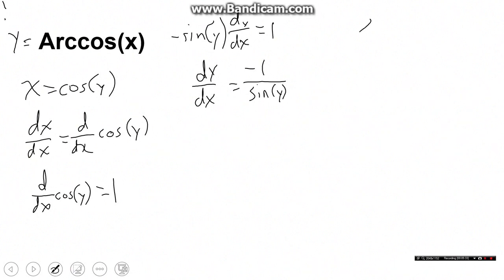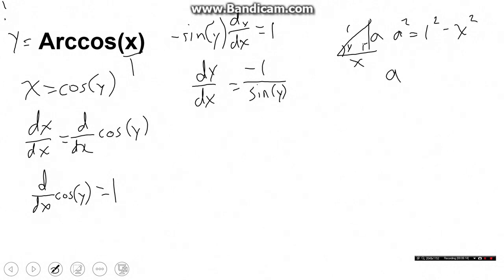Then we're going to use the same concept using the right triangle. That is y, that is a right angle. And this time it's a cosine, so angle y has the ratio x over 1, x being the adjacent, and 1 being the hypotenuse. And then making the opposite side a, we know that a squared equals 1 squared minus x squared.